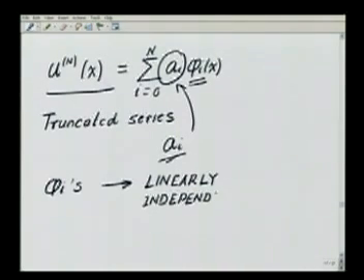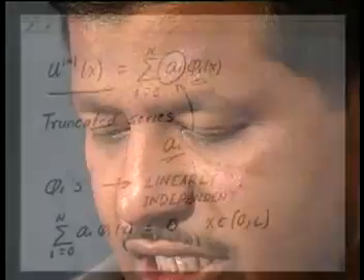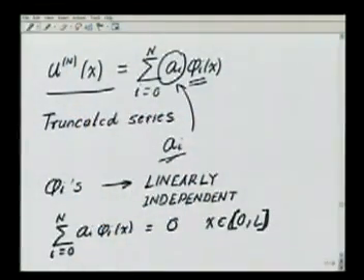Linear independence in our case means that, let's say I take this finite series only and I put the linear combination equal to 0 for all x in this range 0 to L, you can say including the endpoints.